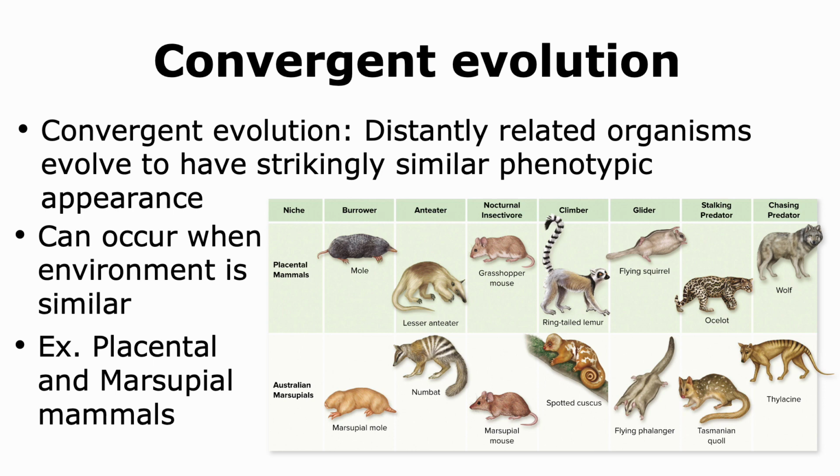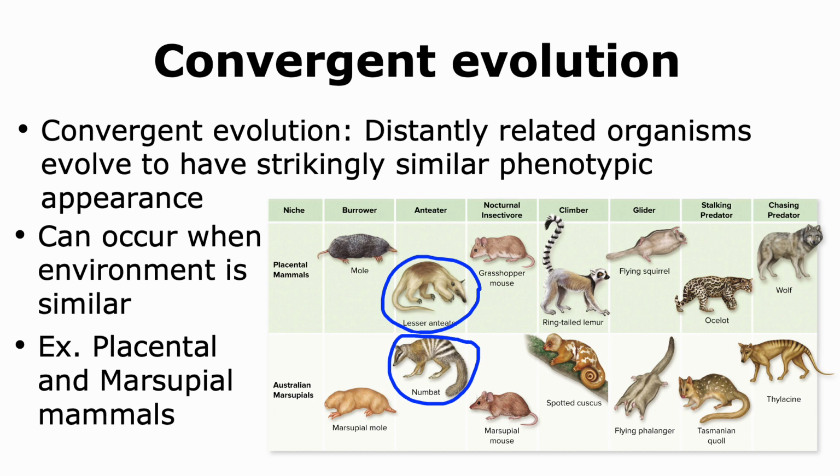For example, we have a placental mole that's present outside of Australia. However, there is a marsupial mole that shows great similarities to the placental mole. Same thing is true when we look at the lesser anteater, which is a placental mammal that's found outside of Australia, versus a numbat, which is a marsupial that is found in Australia.